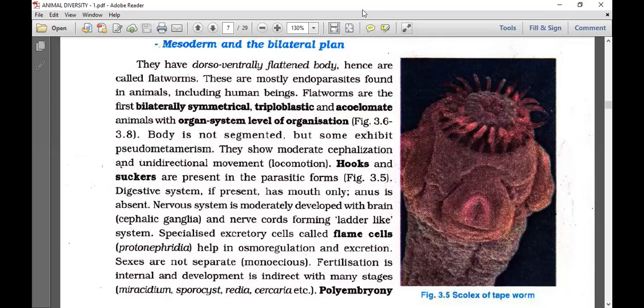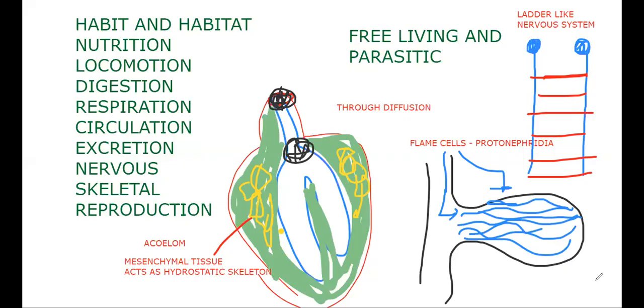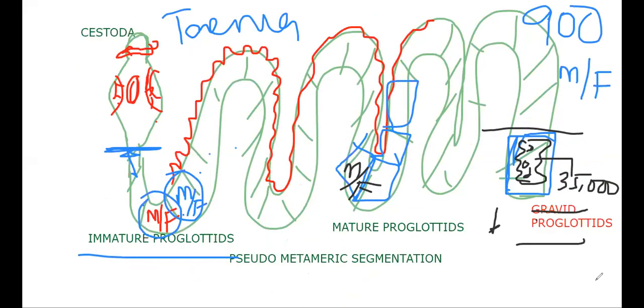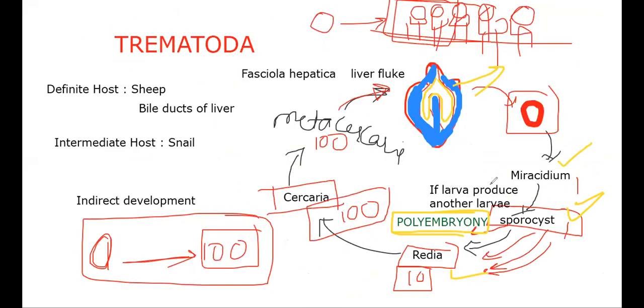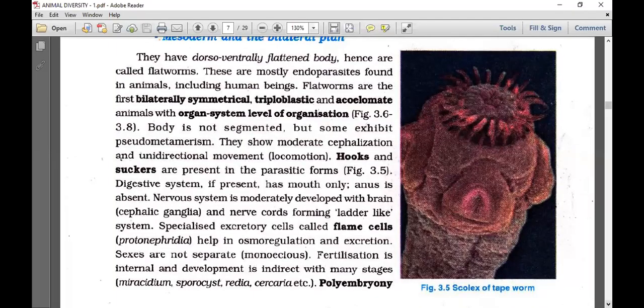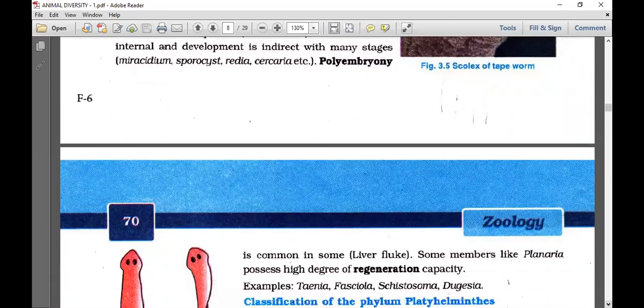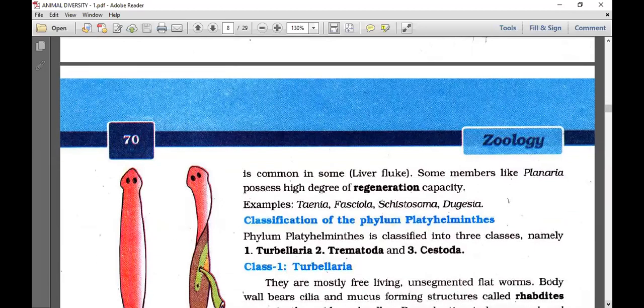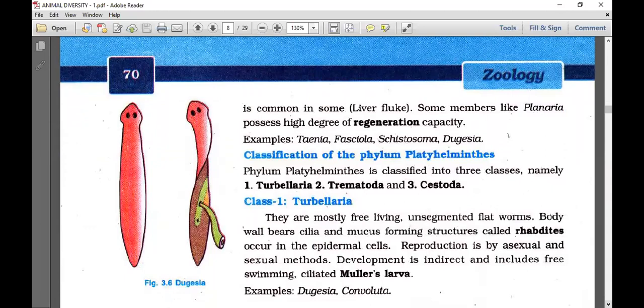I showed all these larval forms to you in class Trematoda. In sporocyst and redia there is a special characteristic feature: a larva produces many other larvae. That feature is called polyembryony. Polyembryony is common in some, like the liver fluke. Some members like planaria possess a high degree of regeneration capacity. Regeneration capacity is more in planaria, that means Turbellaria.